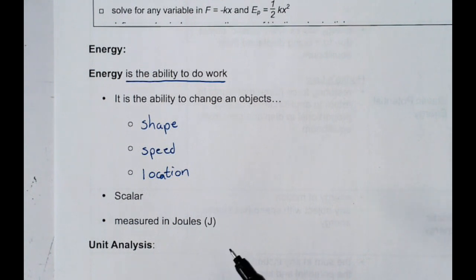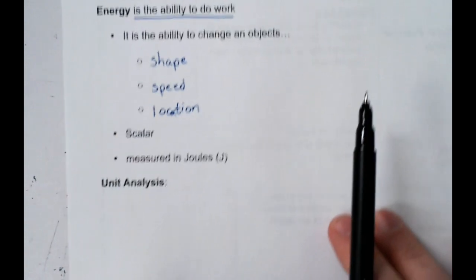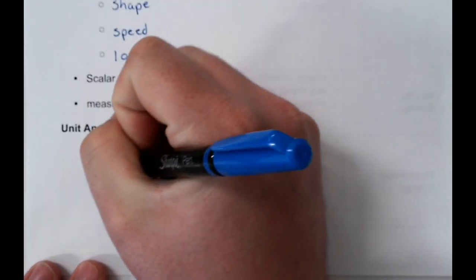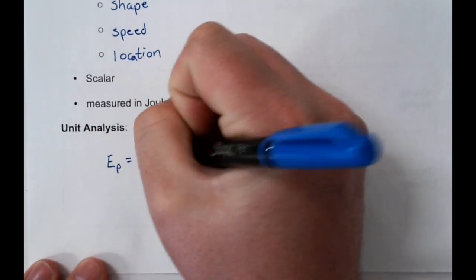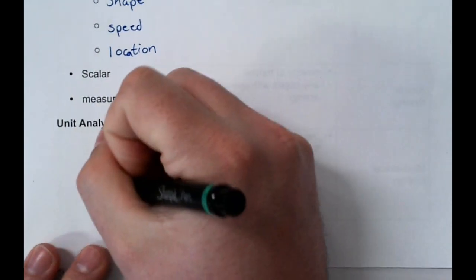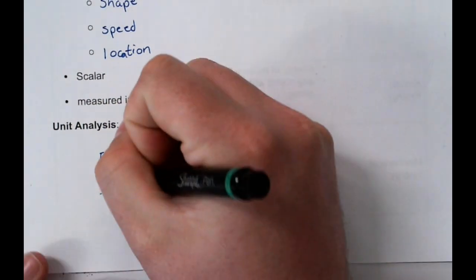We're only caring about the magnitude, and it's measured in joules. So what is a joule? We can use unit analysis to find that. Back in Science 10, you would have learned a couple formulas. One of them being potential energy is equal to mgh. For that, we have your energy, again, we give joules as its unit.